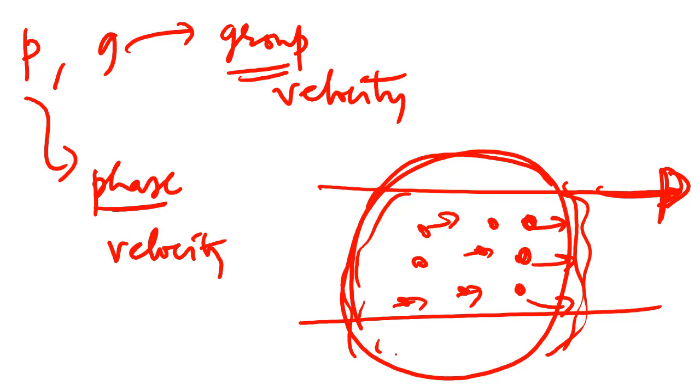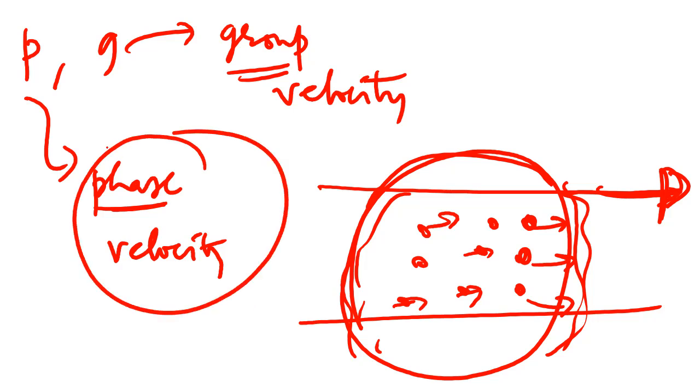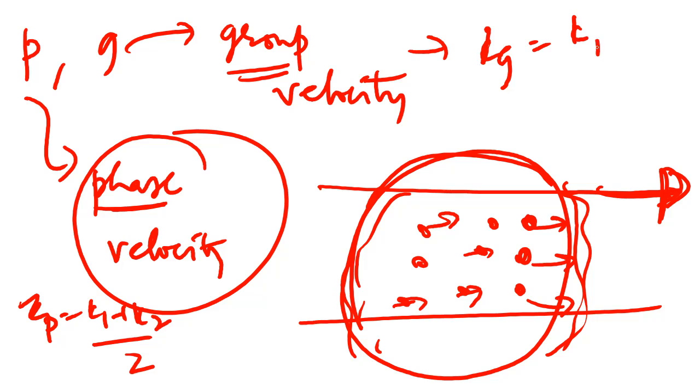So in any pulse you have at least two different waves. One is the carrier wave and another is the envelope. The carrier wave gives you the phase velocity. Recall that kp was k1 plus k2 by 2, and the group one is kg, given by k1 minus k2 by 2. In general, you have in a pulse not just two waves but many waves.